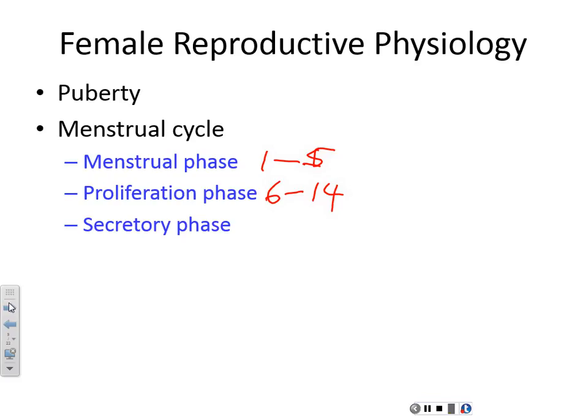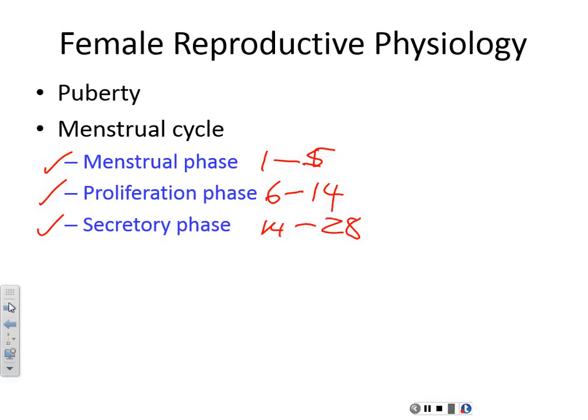So sometimes I'll say, can you list the events that occur during the proliferation phase of the menstrual cycle? 5 points, you know what I'm saying? I'll do that. But you also gotta just be able to know the 3 phases generally and be able to describe them for me and tell me what the main thing happening in that stage is, because that would be like a 2-point question with a bonus for 1 point. Okay, so this one is about day 14 to 28.